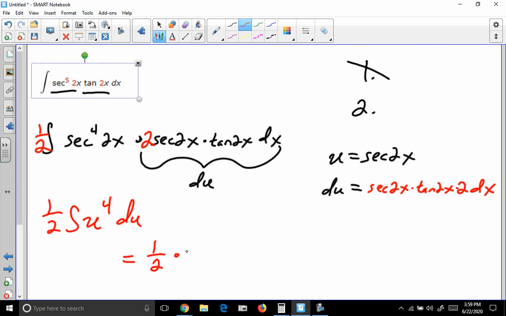So that's just 1/2 u to the 1 greater power over that power. So that's u to the 5th, so secant 2x to the 5th over 10 plus c. So just knowing those rules. If you go into your book, that table is laid out for you. Just go top to bottom. If the top one doesn't apply, mark it out, go to the next one. If the next one doesn't apply, then go to the third one.